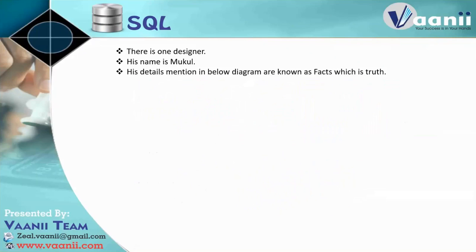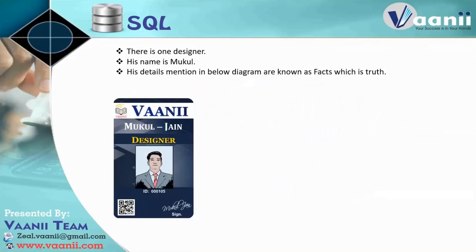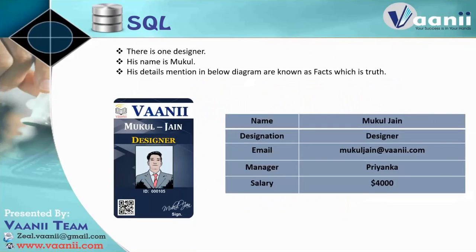His name is Mukul. Let's see the facts and figures about Mukul. His name is Mukul Jain, and he is a designer in the organization. His email is mukuljain@vaanii.com, his manager is Priyanka, and Mukul's salary is $4,000.